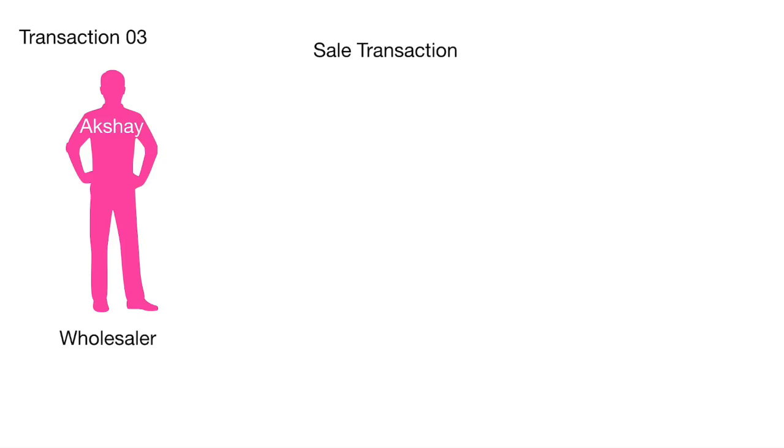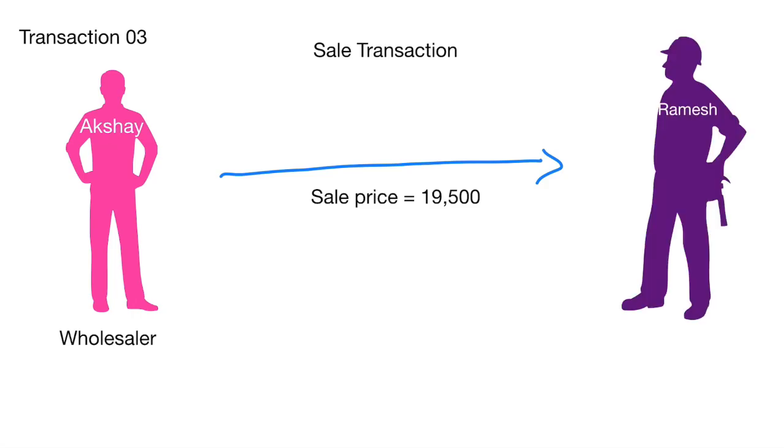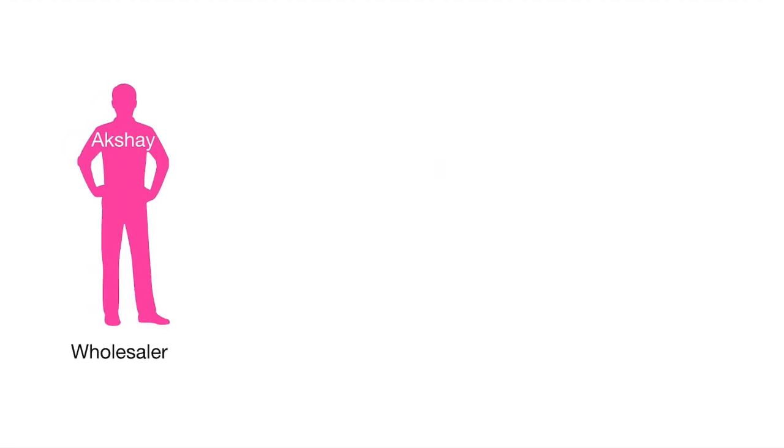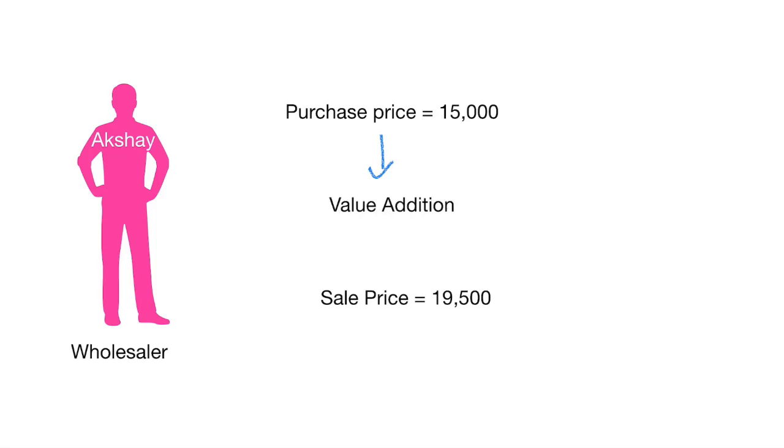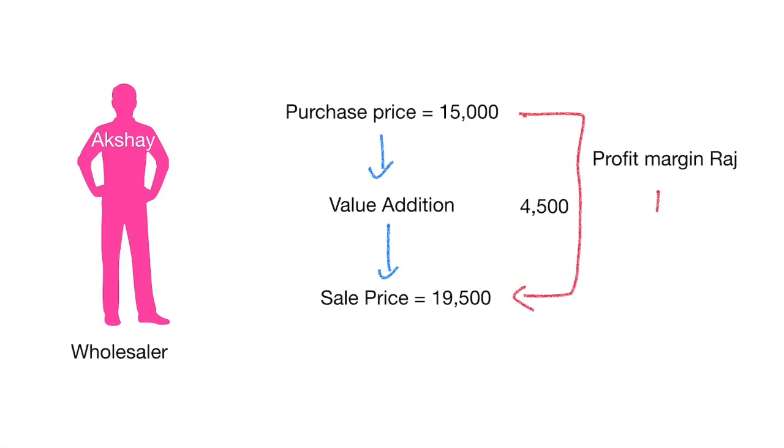Let us go ahead. Let us take transaction number 3. Here, Akshay, who is a wholesaler, sells these finished goods further to Ramesh, who is a retailer. He sells it for 19,500. Again, Akshay, who purchased the finished goods for 15,000, is selling it for rupees 19,500. We can say the 4,500 increase done by Akshay includes his profit margin and the value addition done by him on the finished goods.